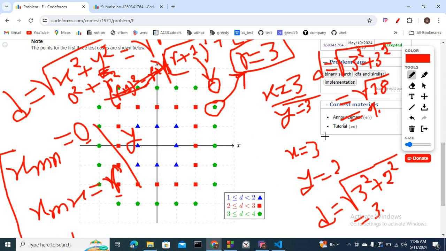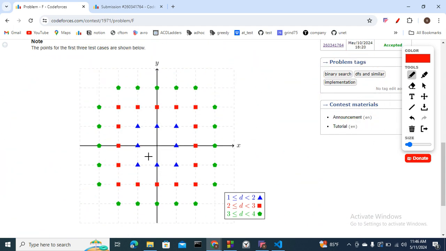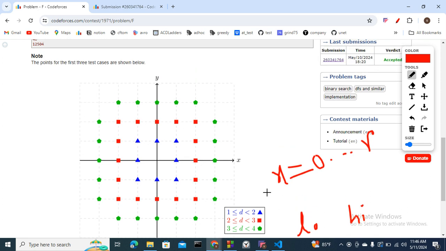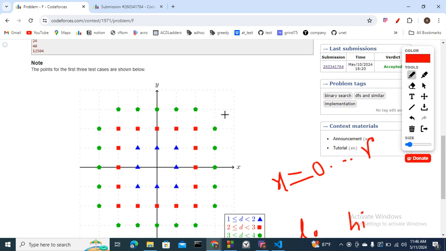Okay, so we will iterate from 0 to r, and for each value of x there will be a low and a high. Low means that y starts from this position.